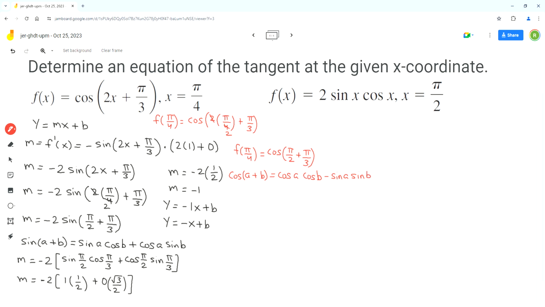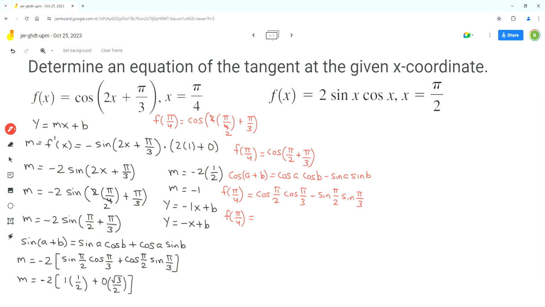Now in our expression a is pi over 2 and b is pi over 3. So we get... now we can evaluate these sine and cos terms.